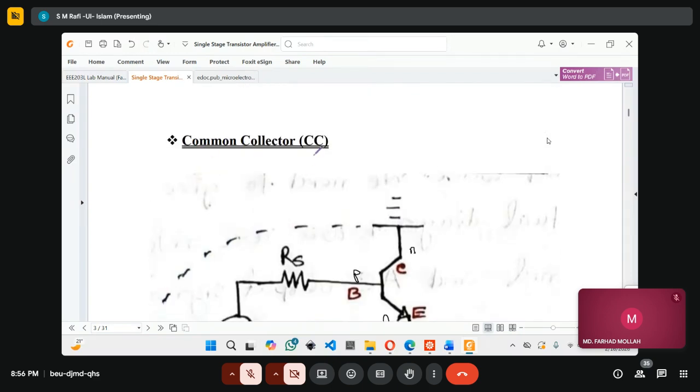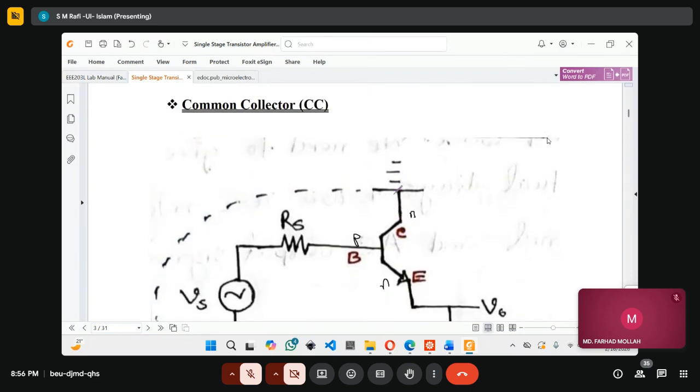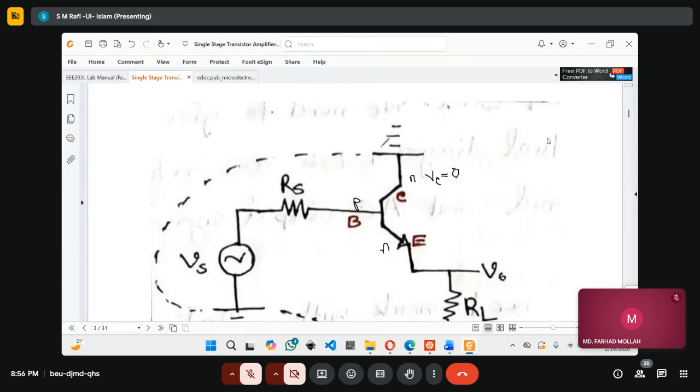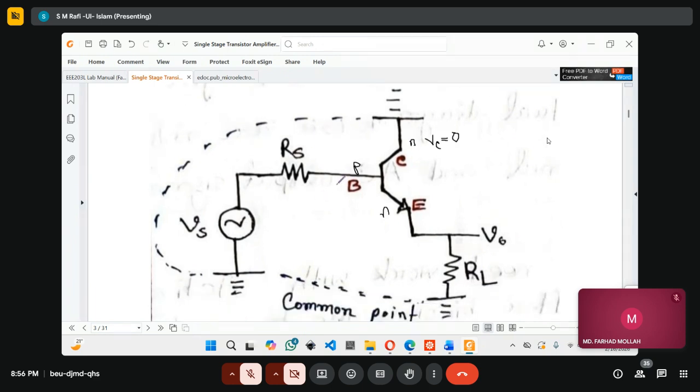So common collector means we'll make the collector grounded. This time VC should be 0. Since we put the collector as grounded, I have two nodes remaining, the base and the emitter, for input and output.